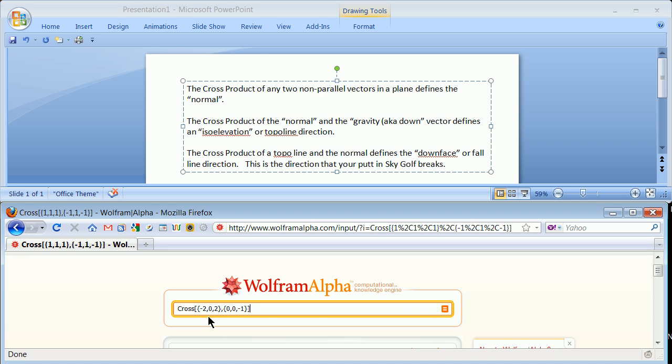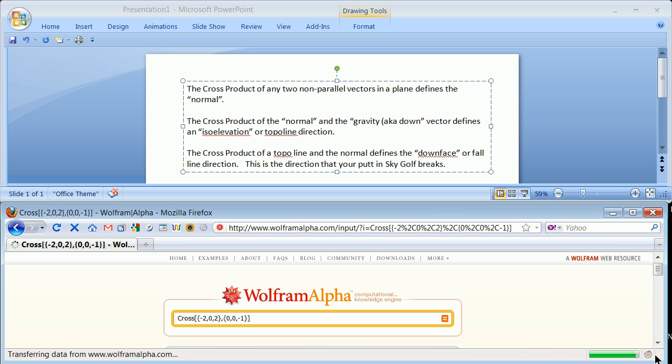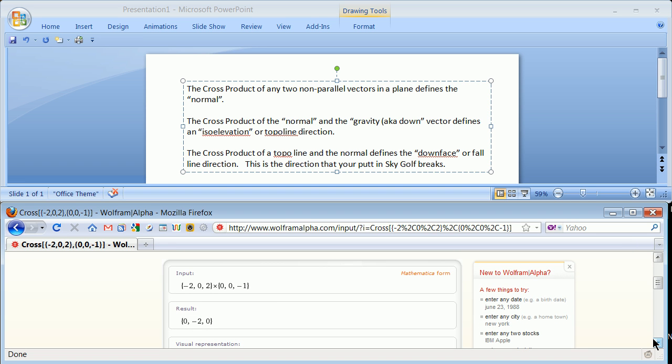We're going to need that again. As I write this down, -2, 0, 2 is the normal. What we get next is going to be the topo line. And so when I hit that button there, the topo line vector is 0, minus 2, 0.